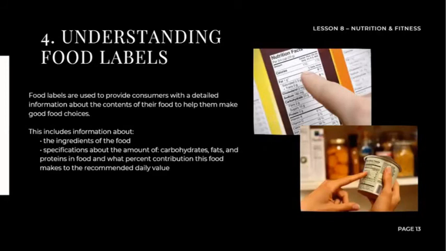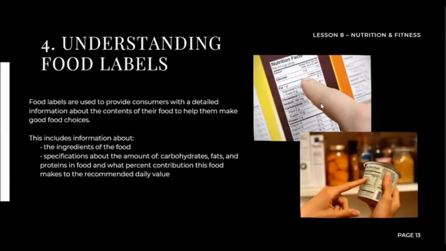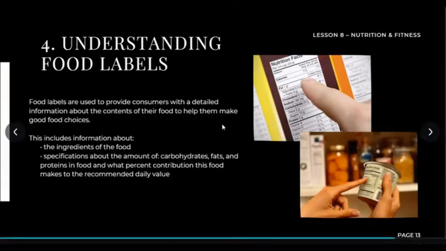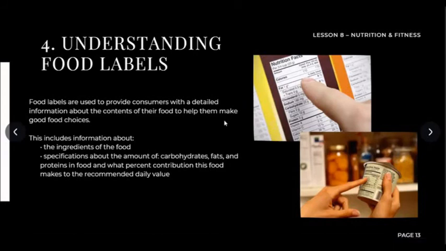Now, let's proceed to the understanding of food labels. Food labels are used to provide consumers with detailed information about the contents of their food to help them make good food choices. So it is made for us to have choices or to be aware of what we are going to eat.